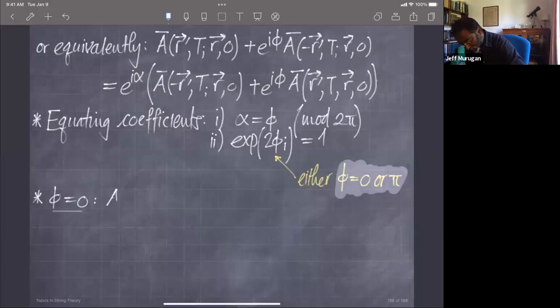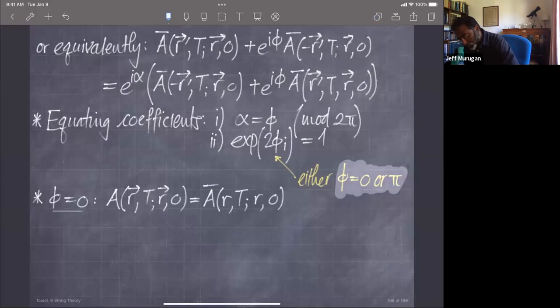Then the amplitude for exchange is a bar, or the total amplitude, sorry, is given by the sum of amplitudes between direct and exchange.